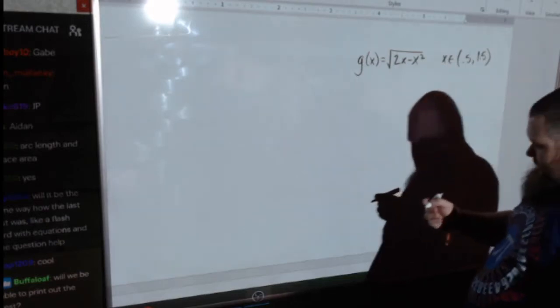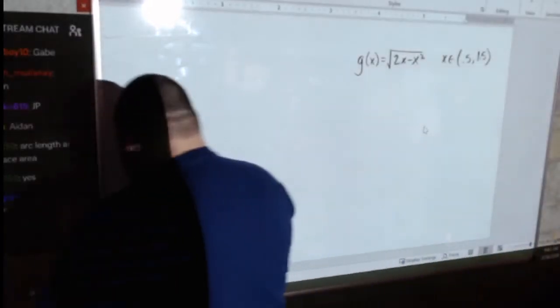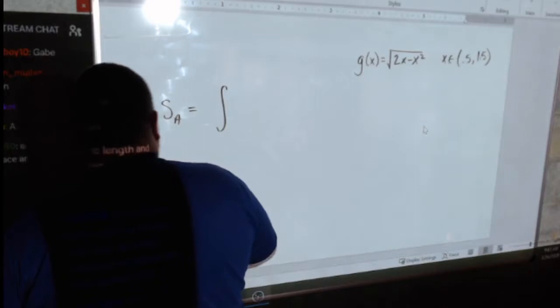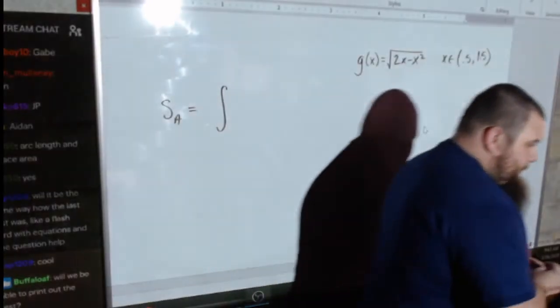Alright, so surface area. Anybody recall the equation for surface area?